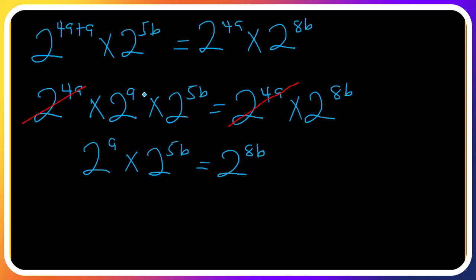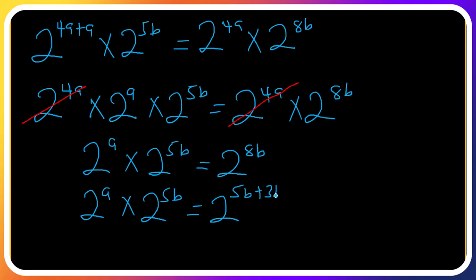Similar to how we eliminated the 4a, we are going to do the same to the 5b, meaning the right hand side of the index form could also be expressed in order to contain 5b. 2 raised to the power a times 2 raised to the power 5b equals 2 raised to the power, now expanding this, 5b plus 3b.